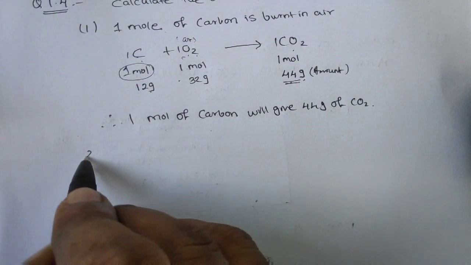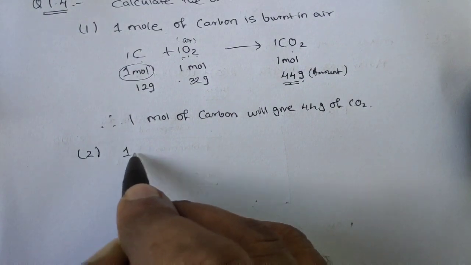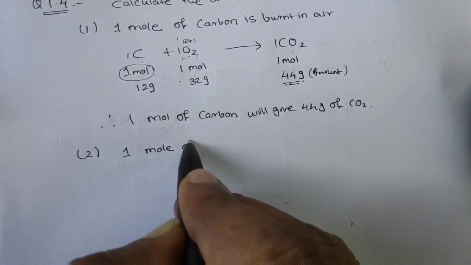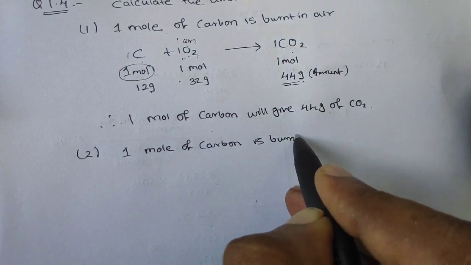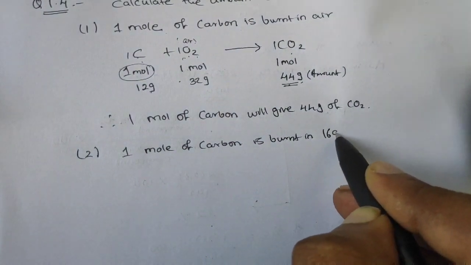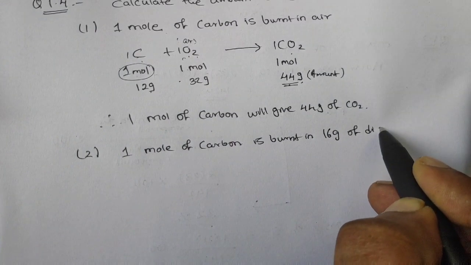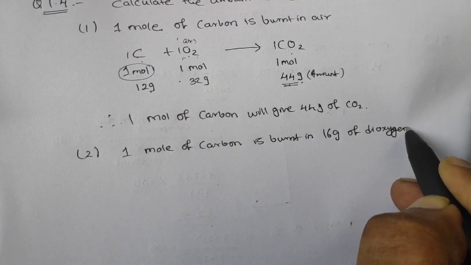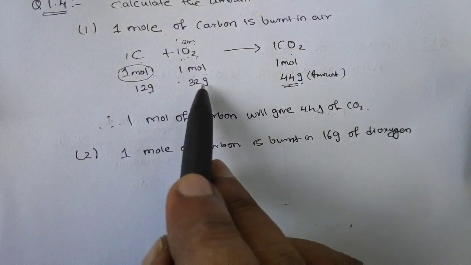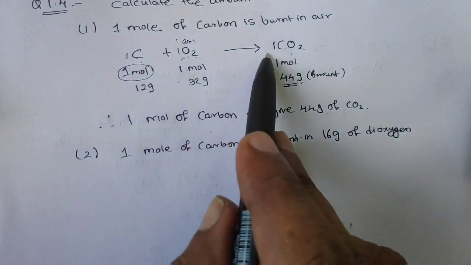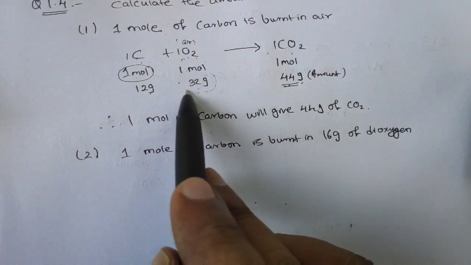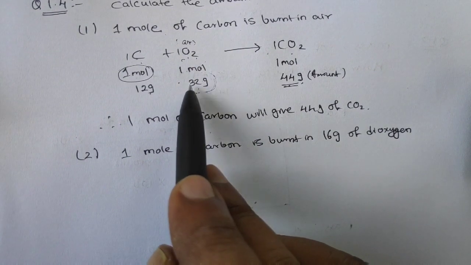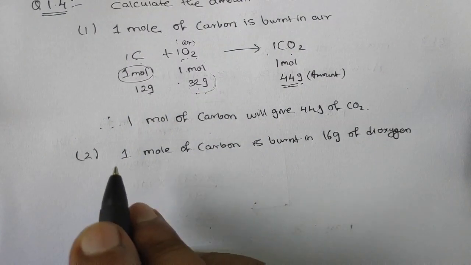Now the second question is: 1 mole of carbon is burned in 16 gram of dioxygen. Right? From the chemical reaction, it requires 32 gram, so the oxygen here is less. Instead of 32 it is given 16 grams.